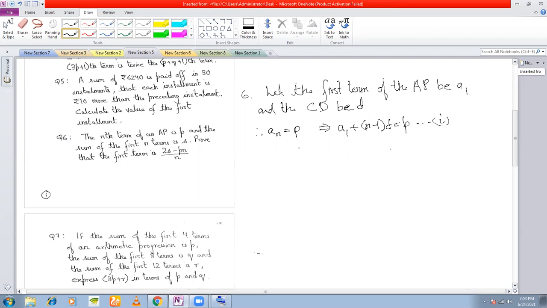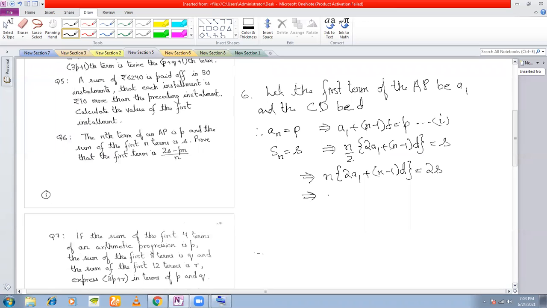Also what is given, the sum of the first n terms is S, that means Sn is given to be S. The formula for n terms is n by 2 into (twice A1 plus (n minus 1) into D) is equal to S. Now if you cross multiply, you'll get n times (twice A1 plus (n minus 1) into D) is equal to 2S.